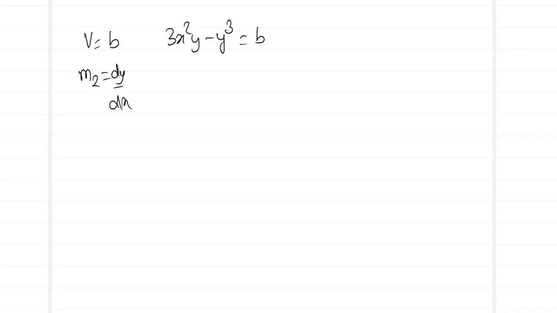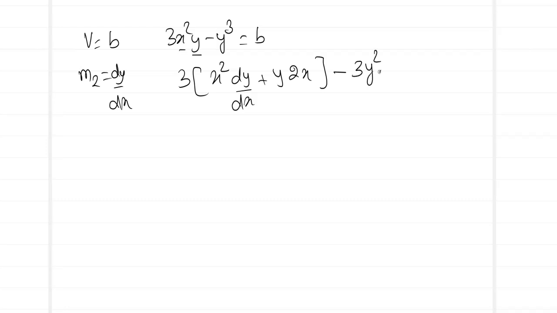So differentiate it again. So what happens over here? Both of them are variables. Keep x square as such, y on differentiation is dy by dx, plus keep your y as such, x square on differentiation is 2x, minus y cube on differentiation is 3y square into dy by dx, and this b on differentiation becomes 0.